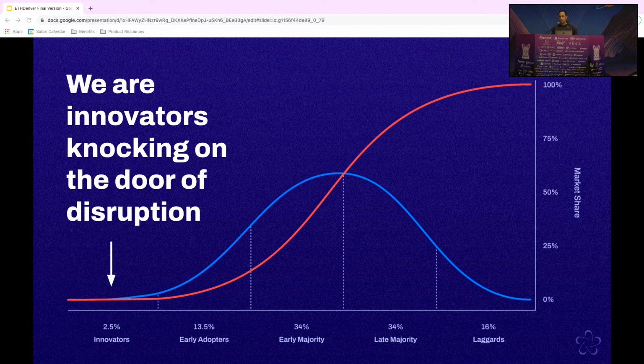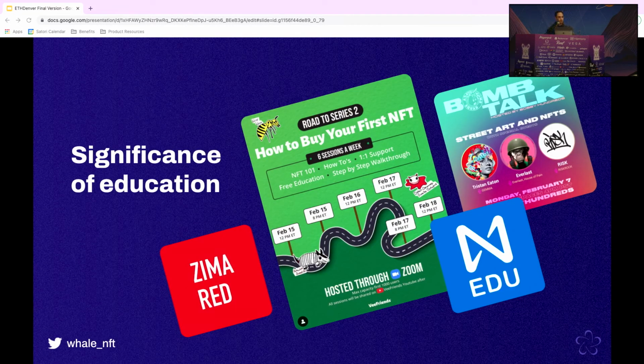The best place to start accelerating our trajectory along this S-curve is actually through education and removing the complexity that is surrounding this space. Fortunately, there's a significant amount of this happening. It is impressive to see individuals that are spinning up podcasts, different resources, and garnering pretty large audiences.